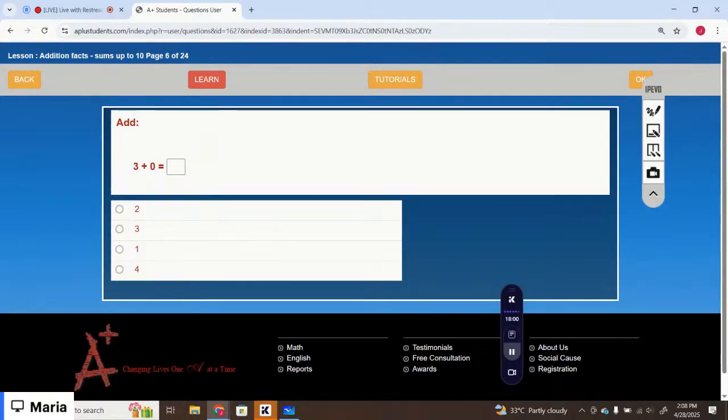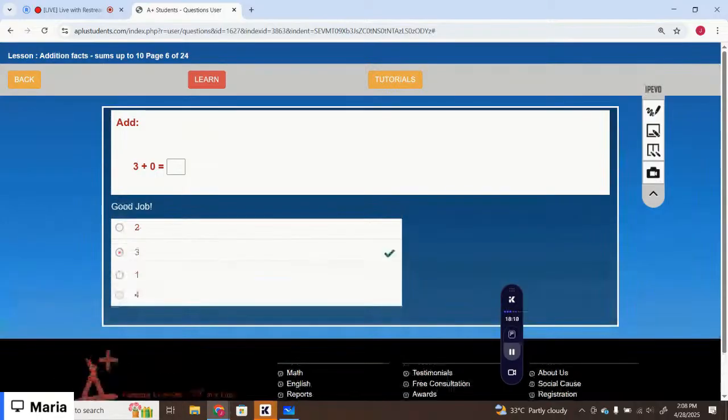Three plus 0 equals 3. Adding 0 to any number means the number stays the same. Whatever number it is, 0 plus 3 makes 3. The correct option is 3.